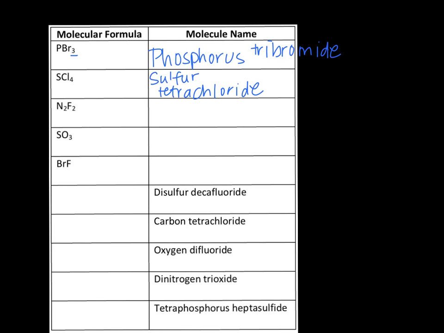And then next we have 2 nitrogens for the first element, and so we still have to use the prefix for that, so it's going to be dinitrogen, and the ending doesn't change on nitrogen, and then difluoride. Okay, next we have SO3, and so that's going to be sulfur trioxide.